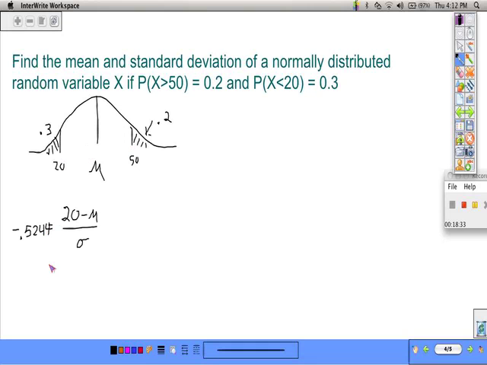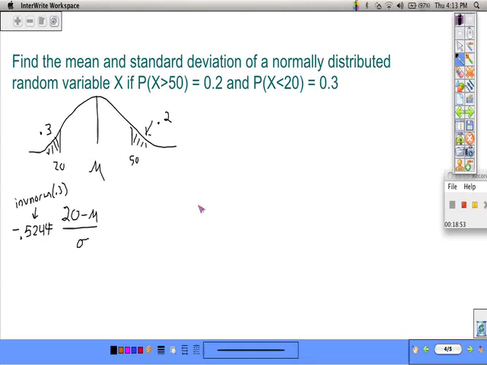That's the closest z-score that we can get, and we'd probably lose a decimal place if we use the table, but using inverse norm of 0.3, that gives us this value.